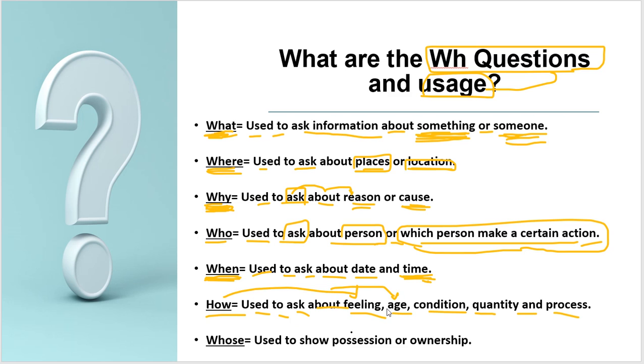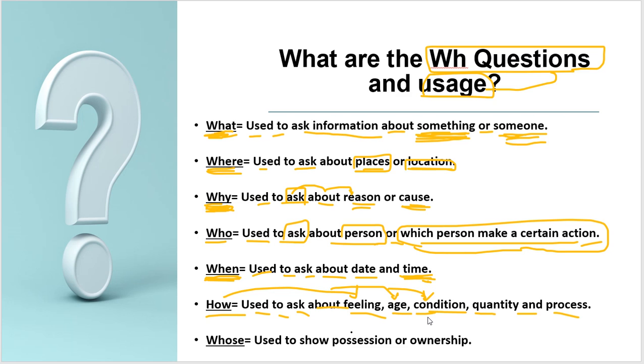I'm asking about your age. The condition: how was your worksheet? Is it finished or not? So the condition of something. Or if you have an accident, I can say, how's your leg? How's your elbow? How's your neck? How are your arms? So if you got an accident.